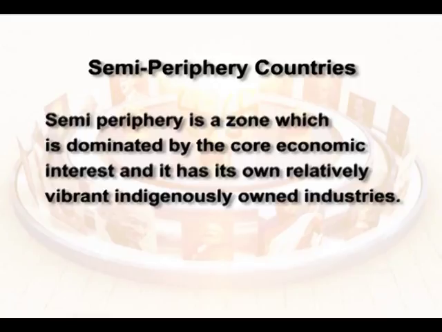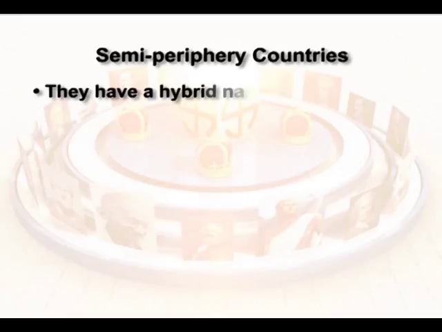It has its own relatively vibrant, indigenously owned industries. They are not as advanced as the core, but they are ahead of the periphery in terms of wealth accumulation. Semi-peripheries have a hybrid nature.